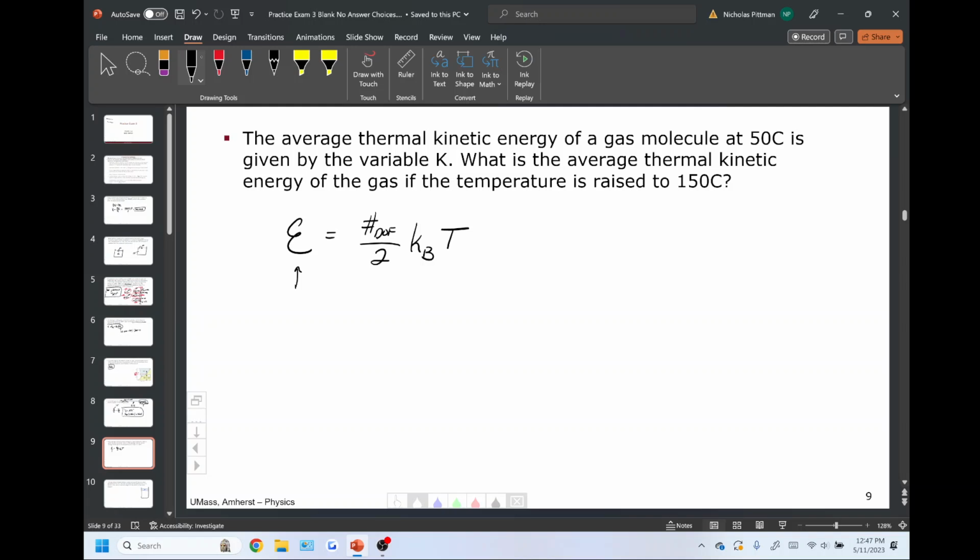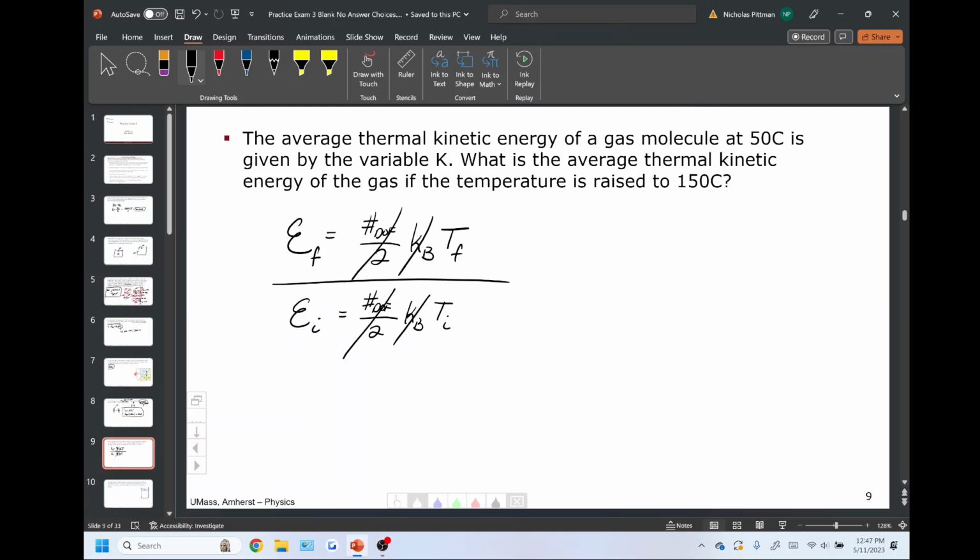Or the way I would do this problem is, one of your emergency processes is if you're told an initial and a final, you should take 2 copies of the equation and divide them by each other. Okay, number of degrees of freedom is a property of the molecule, so that cancels.